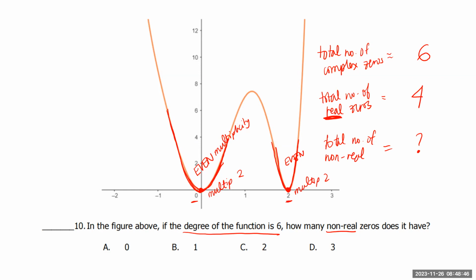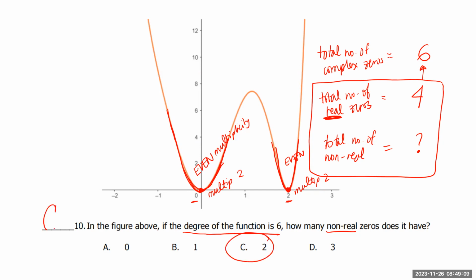So how do we get the total number of real zeros? Again, recall that the total number of real plus the total number of not real or imaginary should be equal to the total number of complex. So to get the total number of real, we just need to subtract 6 minus 4, and that gives us 2.